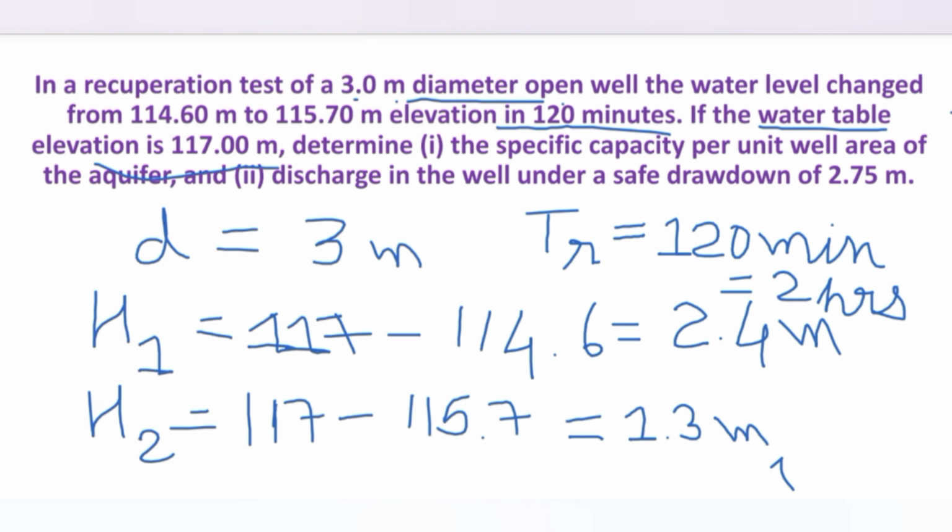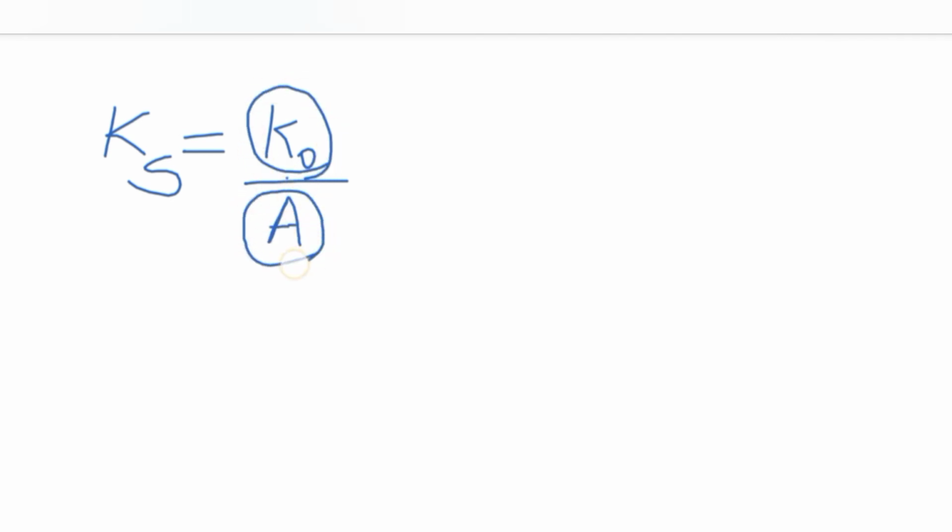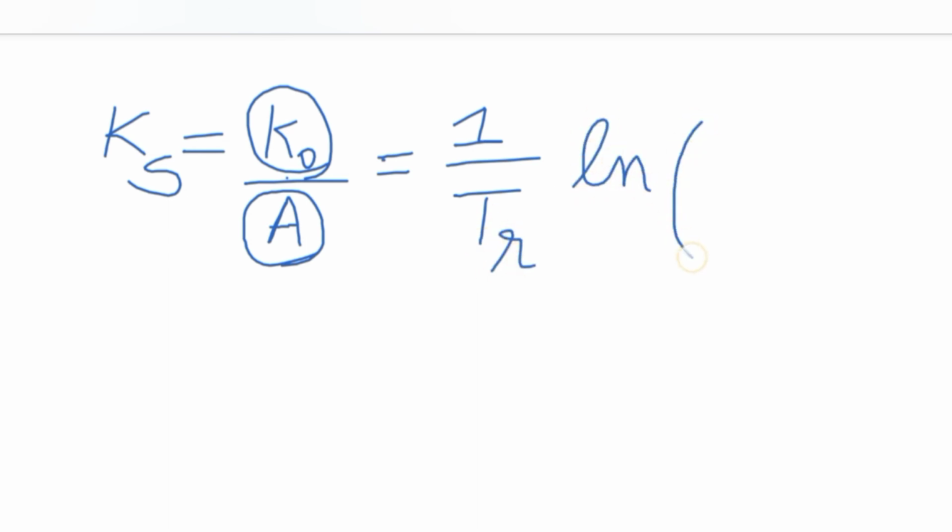First, we have to find the specific capacity per unit well area of the aquifer. That is, we need to find Ks. Ks is equal to K0 upon A, that is the specific capacity divided by the area. So, K0 upon area, and the equation is 1 upon Tr ln H1 upon H2.